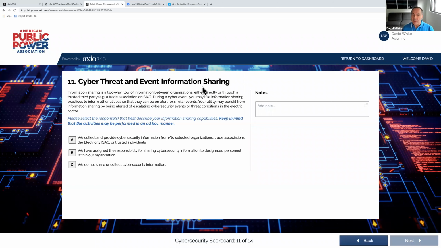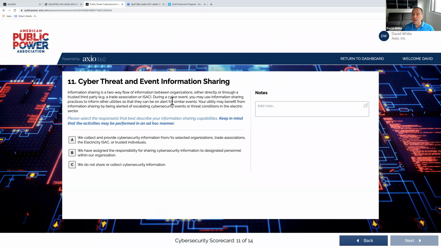Cyber threat and event information sharing. Information sharing has been a major topic of discussion by federal agencies and other industry associations for a number of years. This is about banding together and making sure that if we see something in our utility, we're sharing it with other folks, because sometimes you might see something and it might just be happening to you.